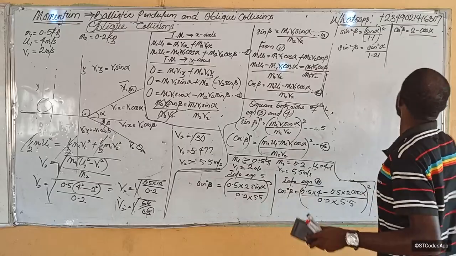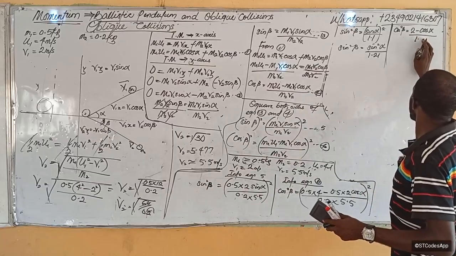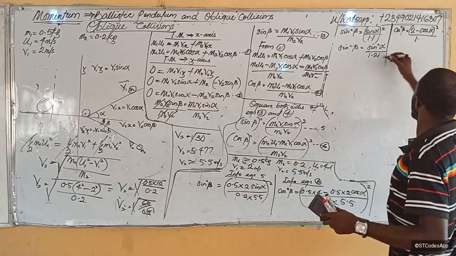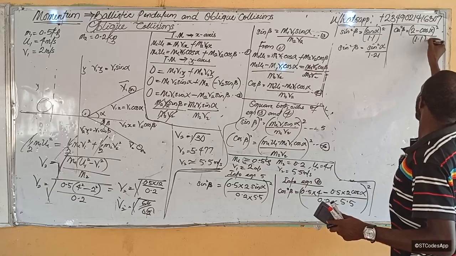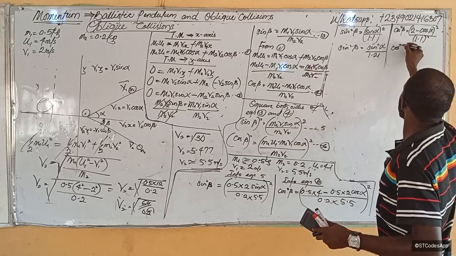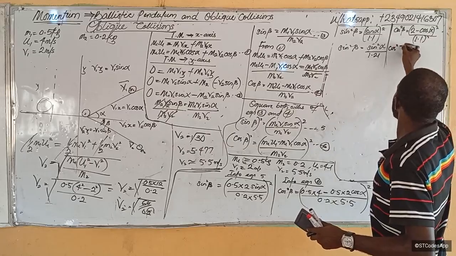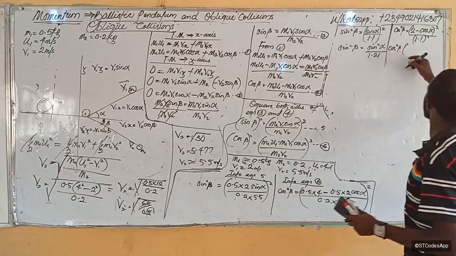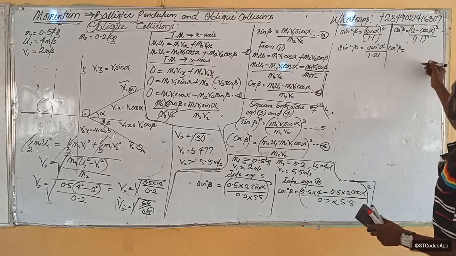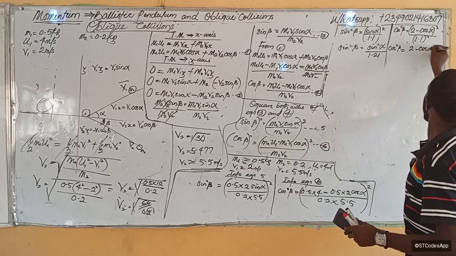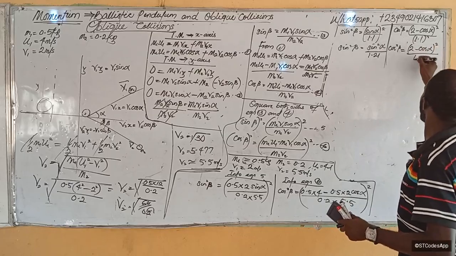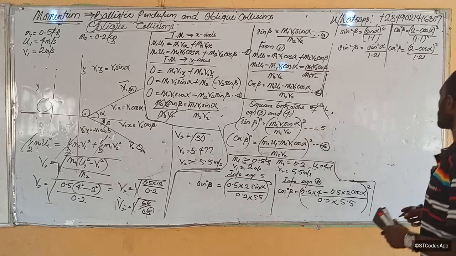So 1.1 again, squared. So cos squared beta becomes 2 minus cos alpha all squared over 1.21.